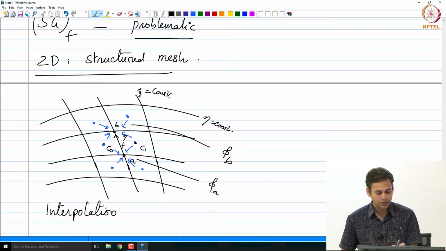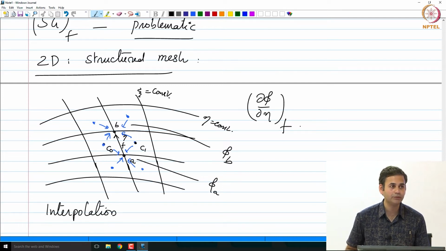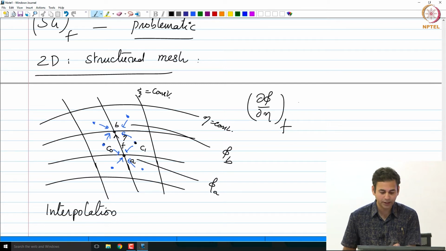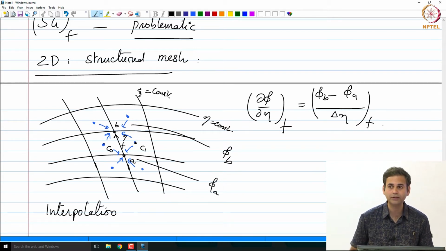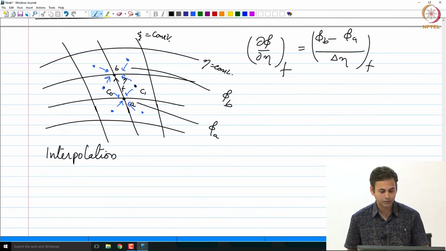And of course, partial phi partial eta on the particular face f, which is an expression inside the secondary gradient, can be calculated from phi b and phi a values, essentially as phi b minus phi a upon delta eta on that particular face. Of course, you do not have to calculate it this way.